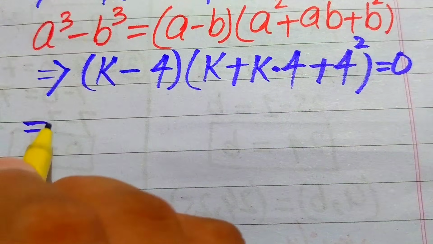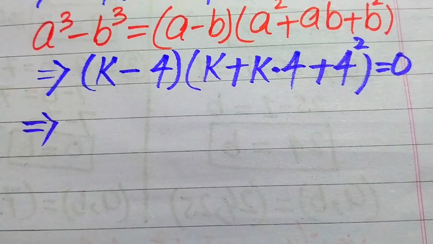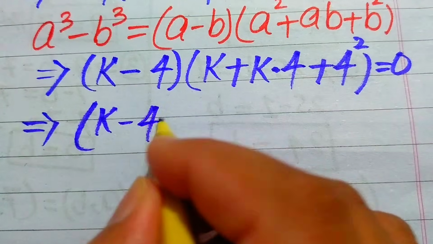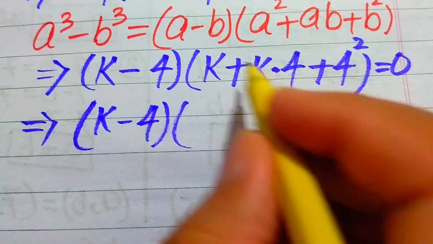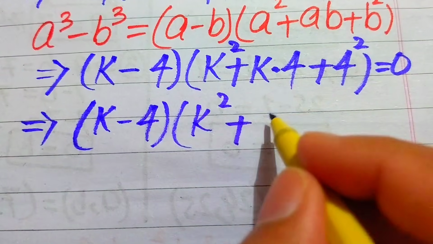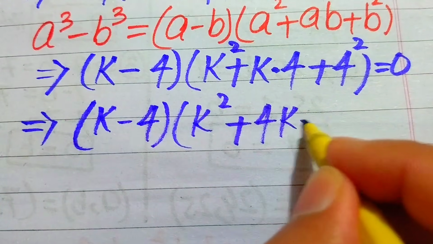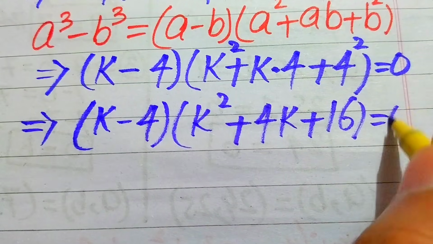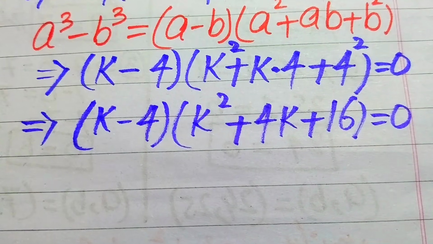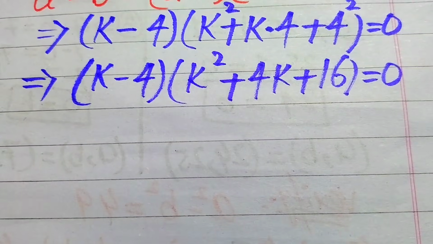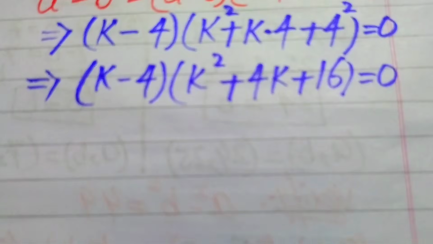Further simplifying, we get k minus 4 times k square plus 4 times k, plus 4 square which becomes 16, and this whole equation is equal to 0.